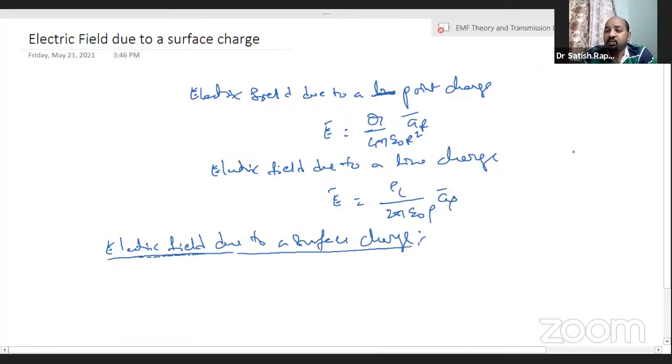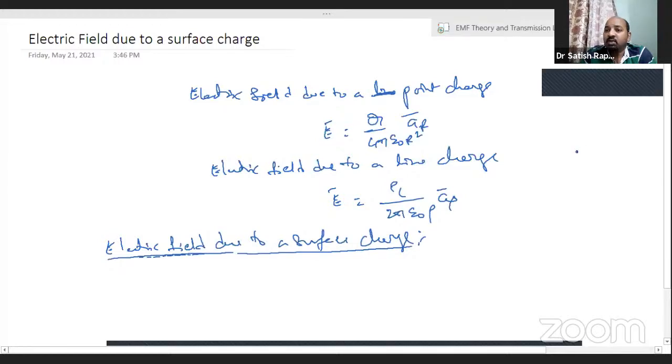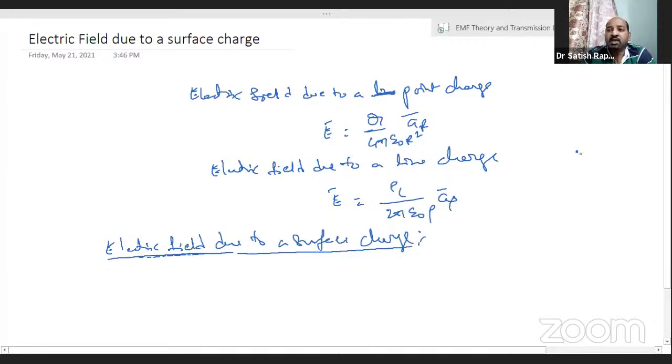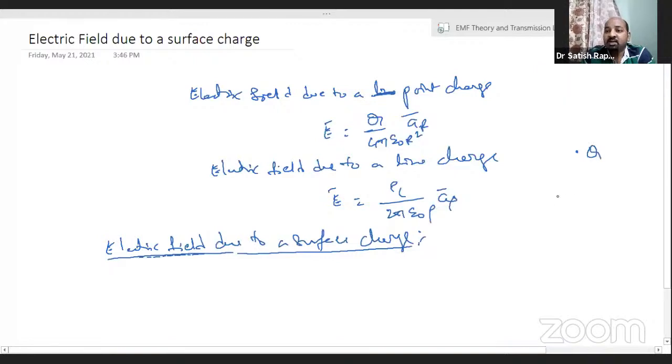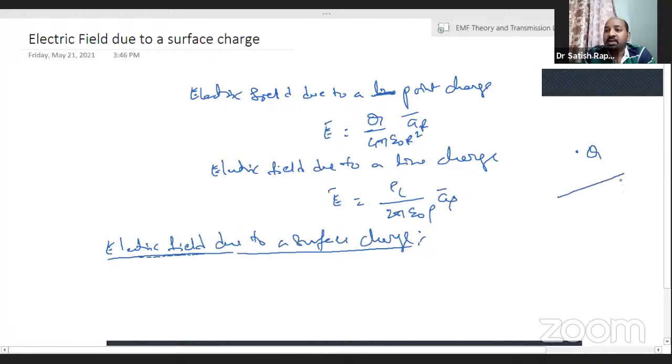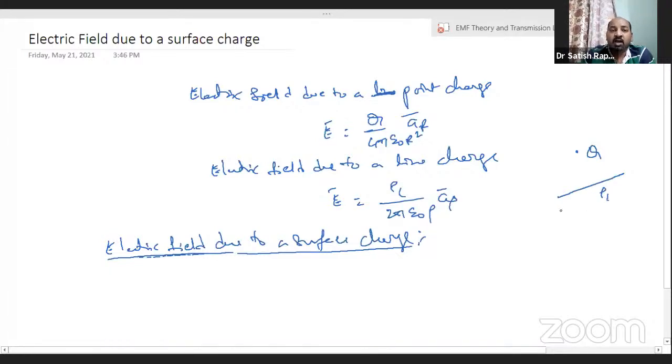So what is meant by point charge? Charges occupying an infinitesimally small space, infinitesimally small area, that is a point charge. Line charge in the sense what? An infinite number of points connected together, a line is formed.